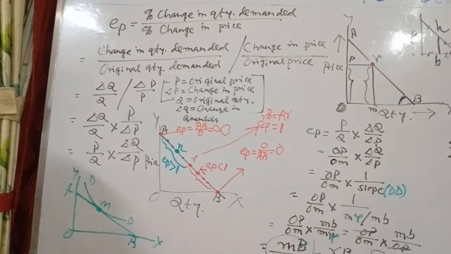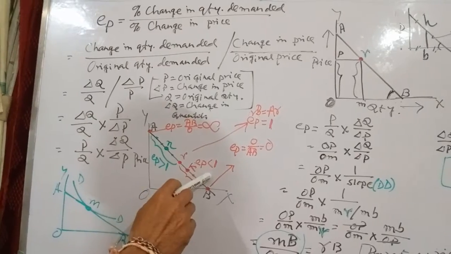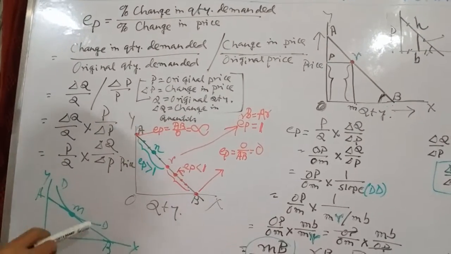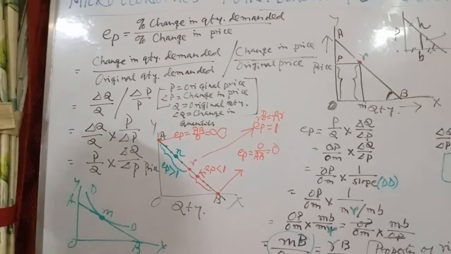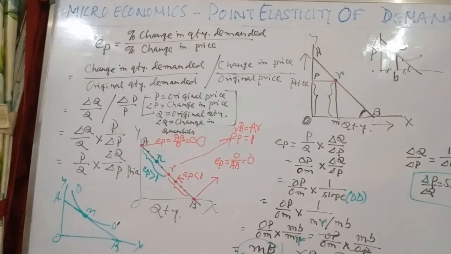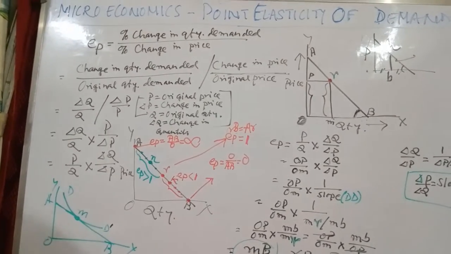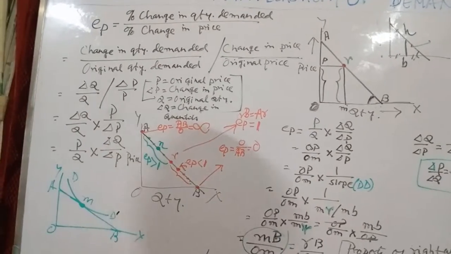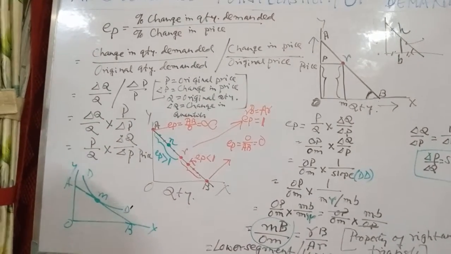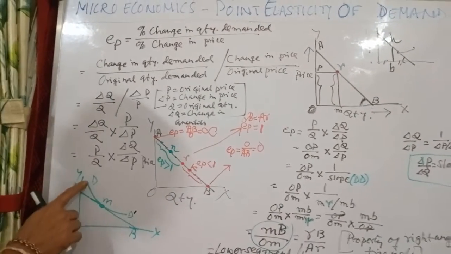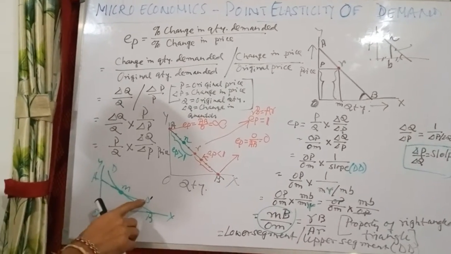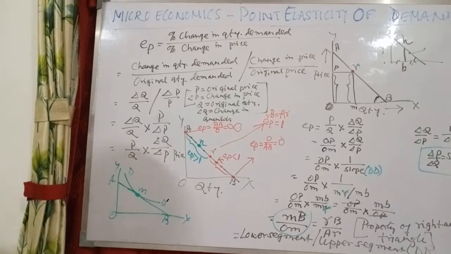Now what is true for a straight line demand curve is also true for a curvilinear demand curve or non-linear demand curve, as we have drawn here, dd dash. Only thing is that at the point at which we want to measure the price elasticity, we have to draw a tangent. Say for example, on point M on the demand curve dd dash, we have to find out the elasticity.